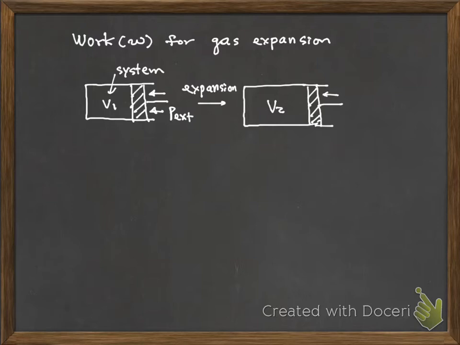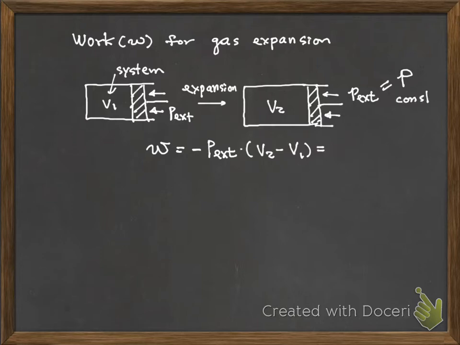We'll say the work is done against an external pressure, so there's a negative sign, and the final volume minus initial volume. Now we're going to treat the external pressure as a constant pressure P. So now it's minus P multiplied by delta V.